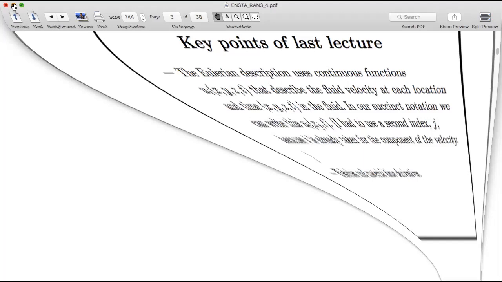The Navier-Stokes equation is either 36 or 37. I say that because this is a differential equation that I could integrate forward in time.